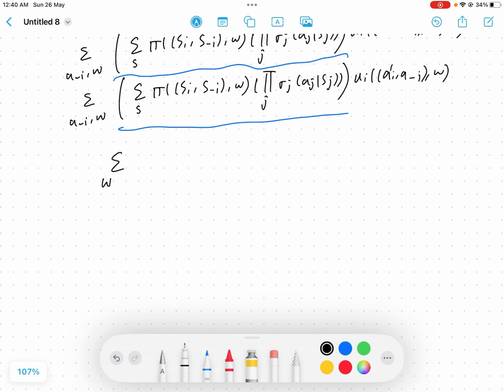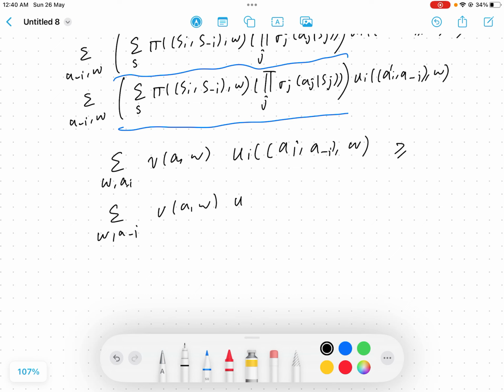The summation over omega and a minus i's V a omega ui ai minus i omega is greater than or equal to the same, adding the prime. Okay, just copy and paste here quickly. All right, so then this satisfies obedience, the requirement of obedience.